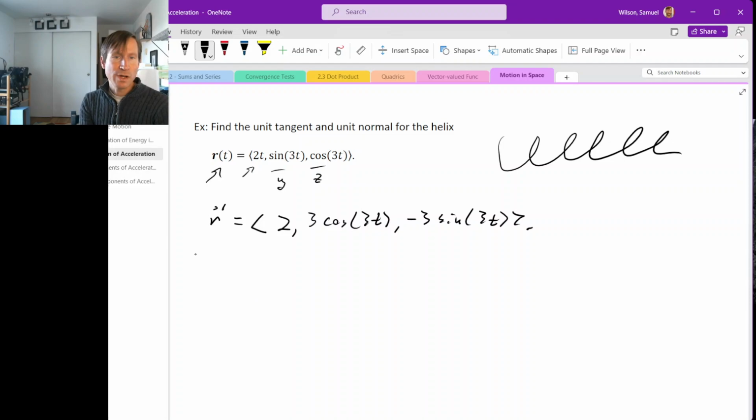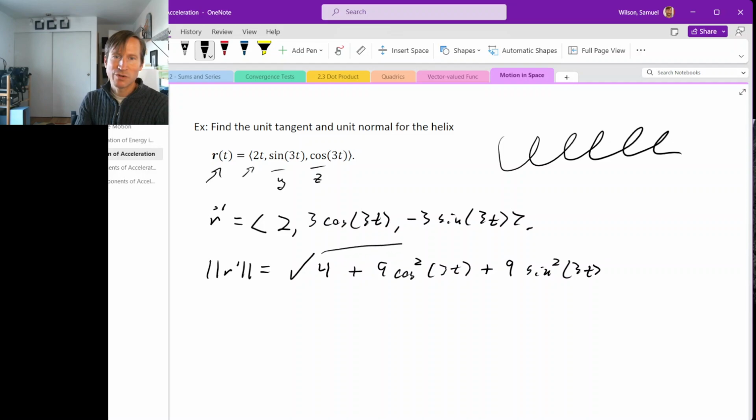Okay, so to get capital T, we also need the magnitude of r prime. So let's calculate the magnitude of this. It's going to be the square root of 2 squared, which is 4, plus our y-coordinate squared, so 9 cosine squared 3t, plus our z-coordinate squared. Squaring gets rid of the minus sign. 9 sine squared 3t. So square root of all of that.